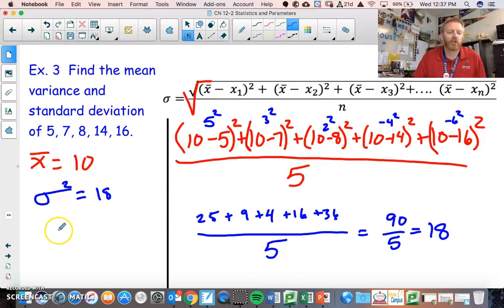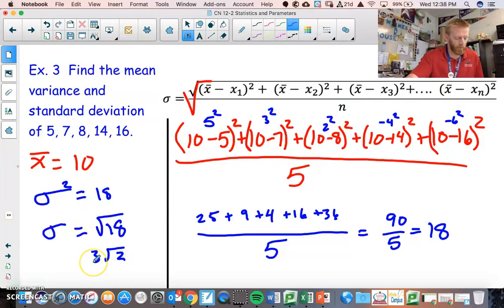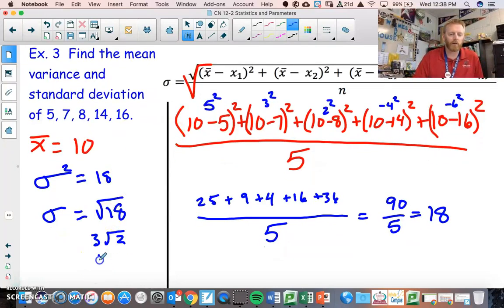And then to find just the standard deviation, we're going to take the square root of 18. So we take the square root of 18, and that can simplify down to a nicer number, or if we just leave it as a gross looking decimal, we can get 3 root 2 or 4.24.